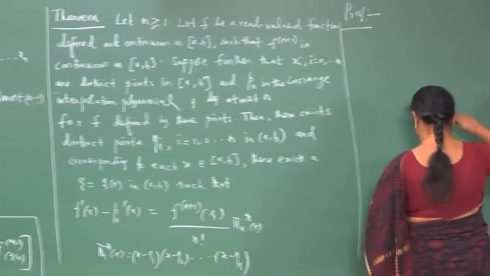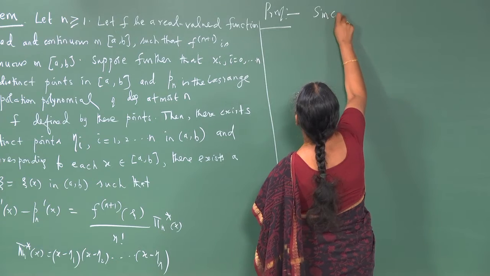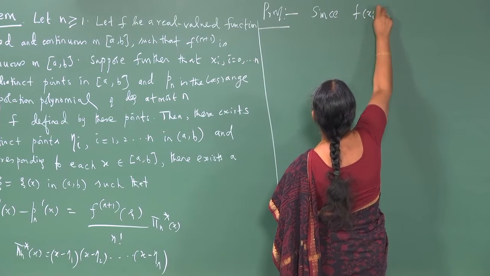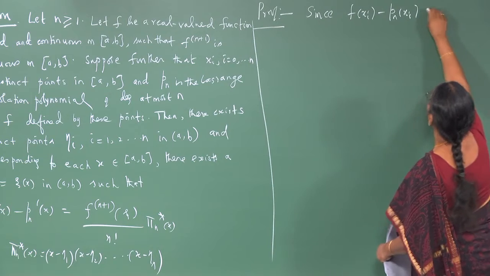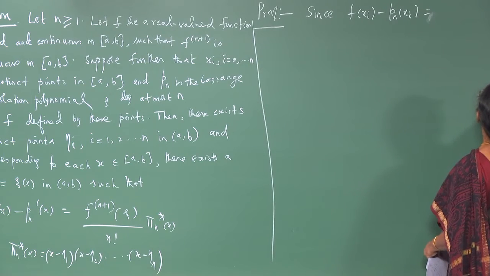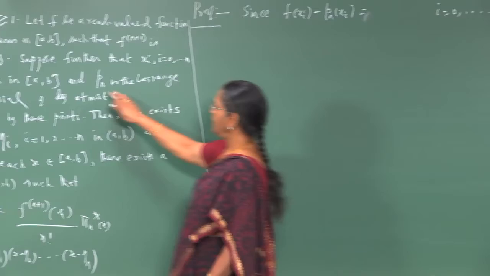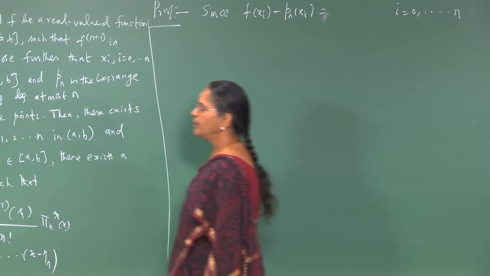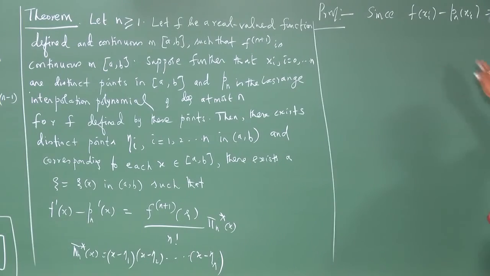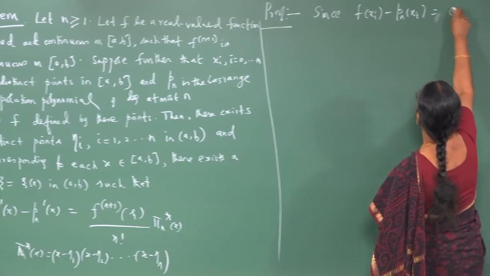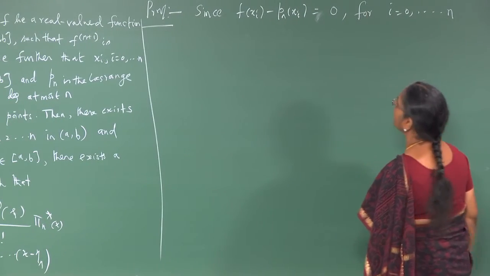Let us now find out what is f of xi minus Pn of xi for i equal to 0, 1, 2, 3 etc. up to n. The theorem says Pn is the Lagrange interpolation polynomial for the function f defined by these points, and so f of xi minus Pn of xi is 0 for i equal to 0 to n.